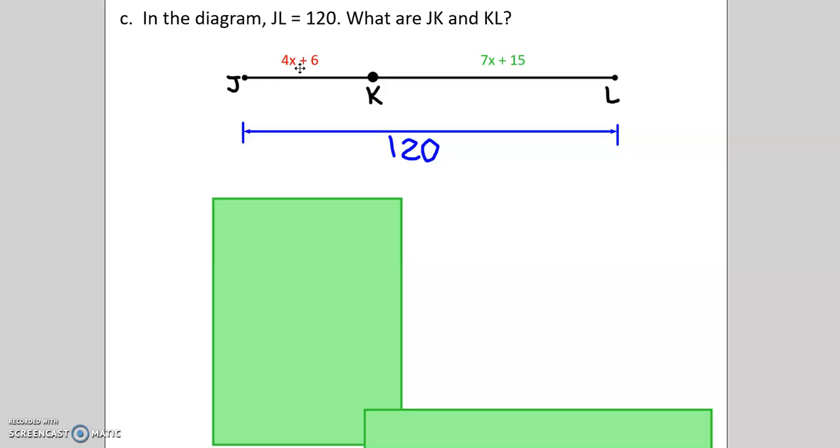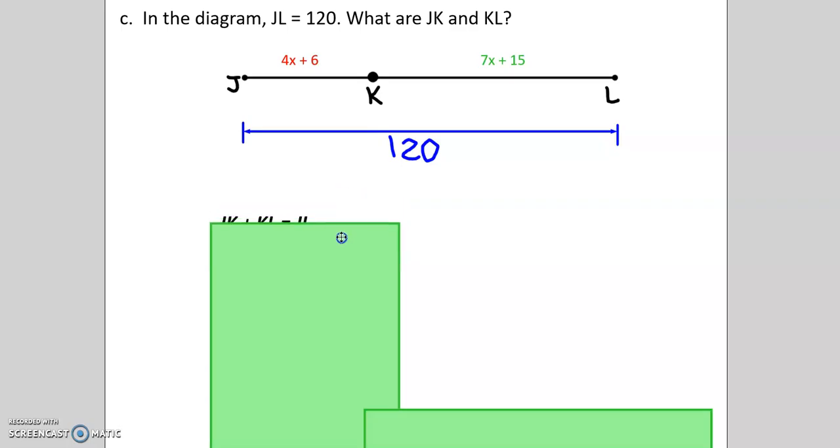The first thing we want to do is set up that segment addition postulate. We want to write it out by saying the two parts that add together to equal the whole. The two segments that add together to give me the one big segment. So that's where I get JK plus KL equals JL, the entire thing.